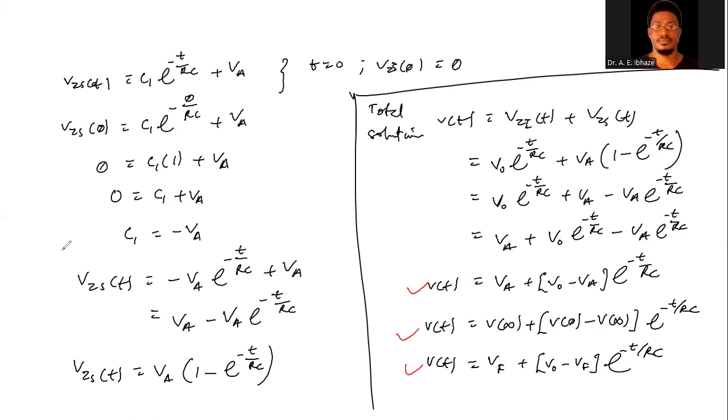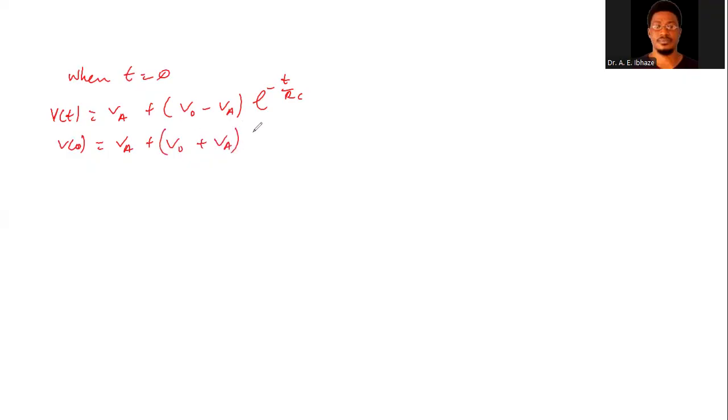And for us to verify, when t equal to 0, for instance, we already know V of t to be equal to VA plus V naught minus VA exponential minus t over RC, right? So when t is equal to 0, let's see if we're going to get the initial value, right? It will be equal to VA plus V naught minus VA exponential minus 0 over RC.